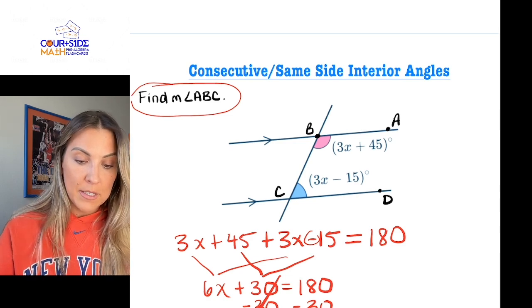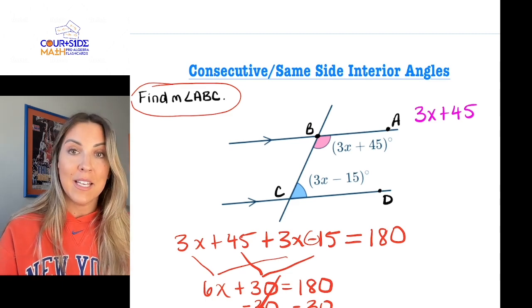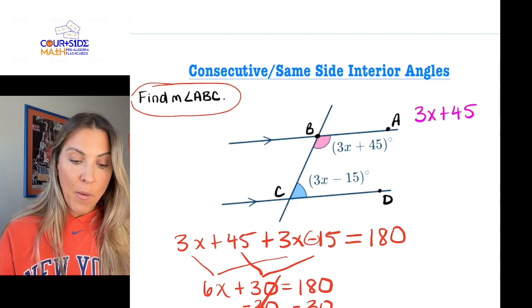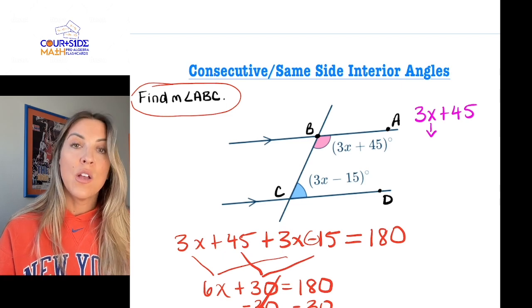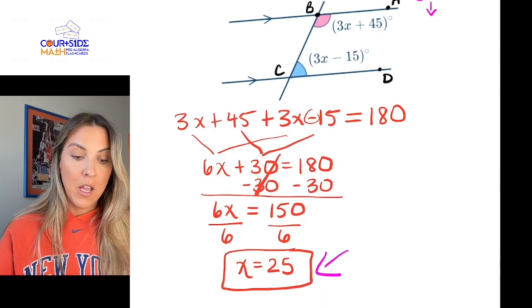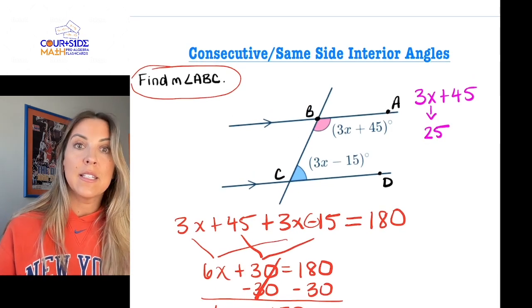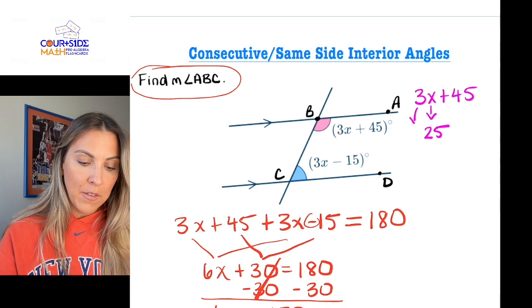So coming to the upper right-hand corner over here, I'm going to write down 3x plus 45 because that's the expression that represented angle ABC. And now I did all that work to find x, so I'm going to substitute x with the answer that I found it to be. So instead of writing x now, I can write 25 because I found out that x is equal to 25. I'm going to bring down that 3, but I'm not going to have it look like 325.